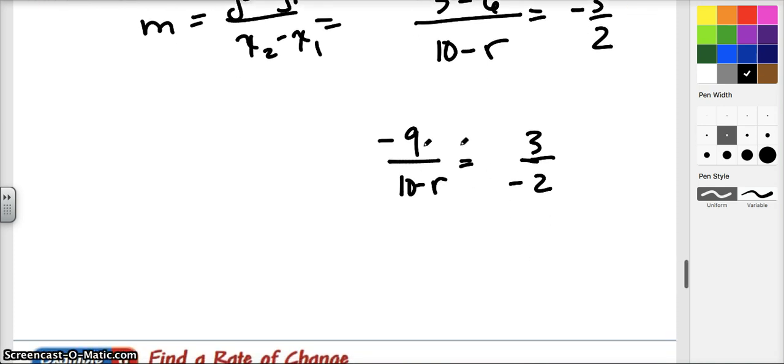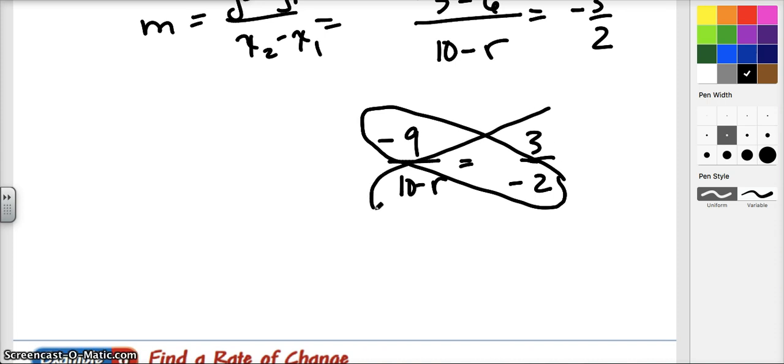Some of you might have already figured out how to do it. We're going to solve it like proportions just to give a little practice. Proportions told us that the product of the means is equal to the product of the extremes when setting 2 ratios equal to one another. Therefore, I can multiply these together.